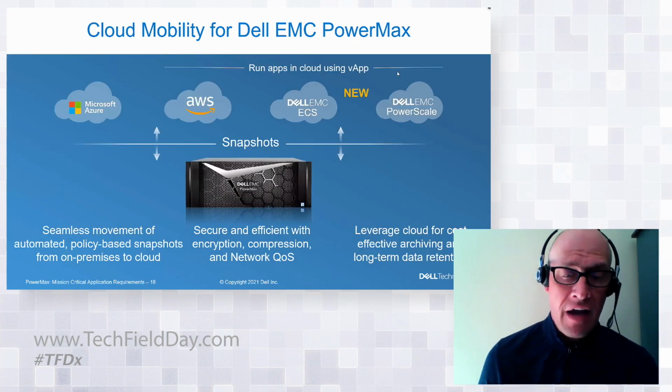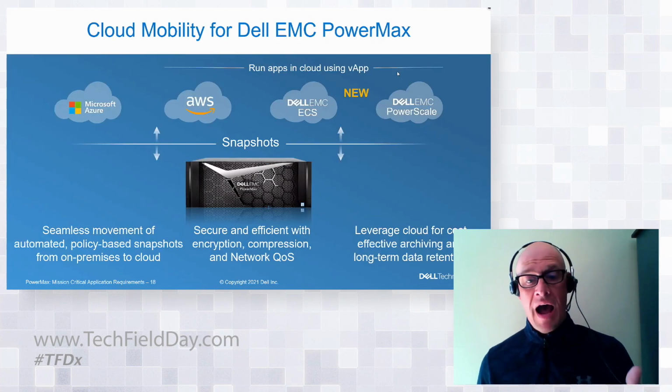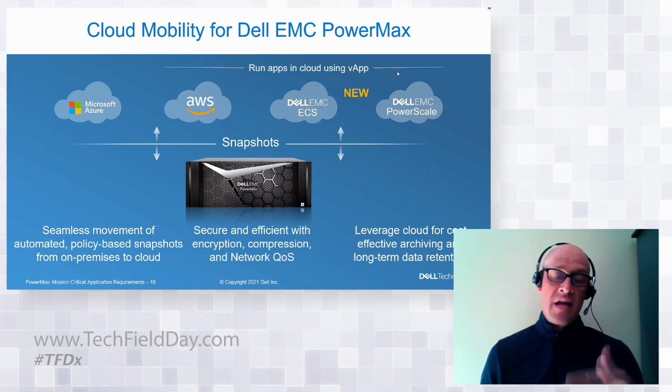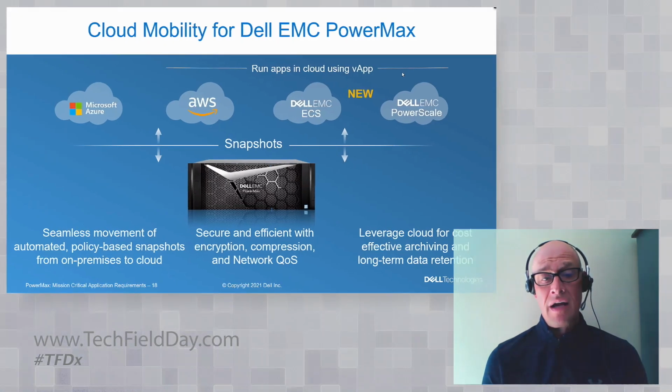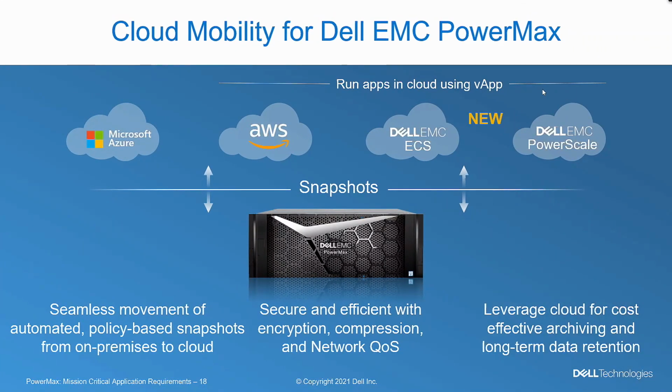A little bit more about that very quickly. I'm able to, with cloud mobility, take snapshots of the array and push them up into either a public cloud with Microsoft Azure or AWS as examples, or a private cloud where we have Dell EMC ECS or PowerScale.